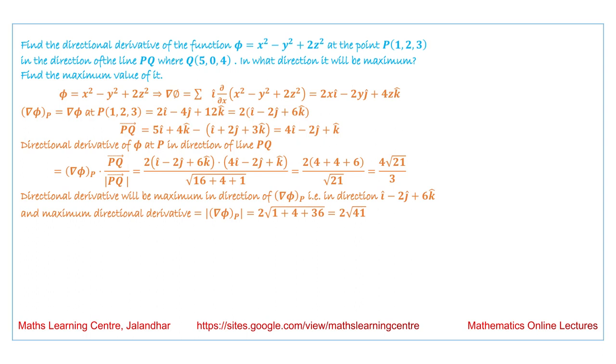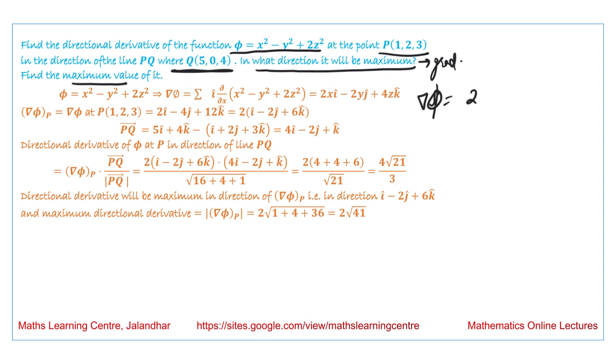Next is to find the directional derivative of this function at the given point in the direction of line PQ. In what direction will it be maximum? We know the answer: it is in the direction of the gradient. Also find the maximum value of it. First we calculate the gradient of phi. Gradient of phi is 2x i cap minus 2y j cap plus 4z k cap.